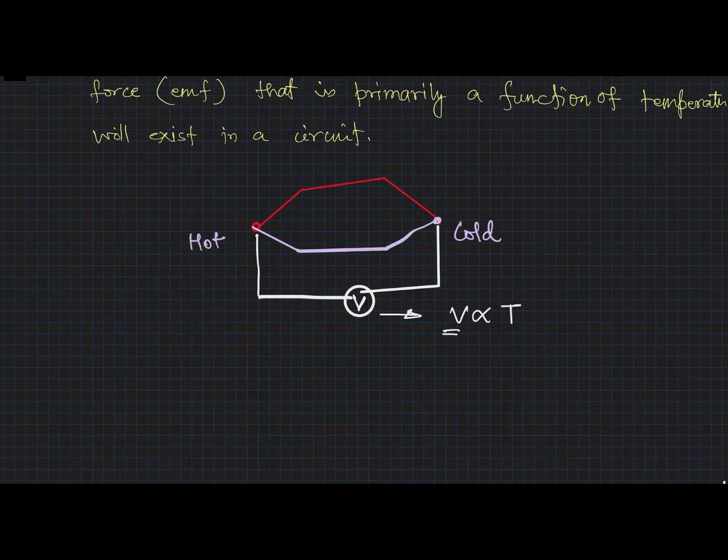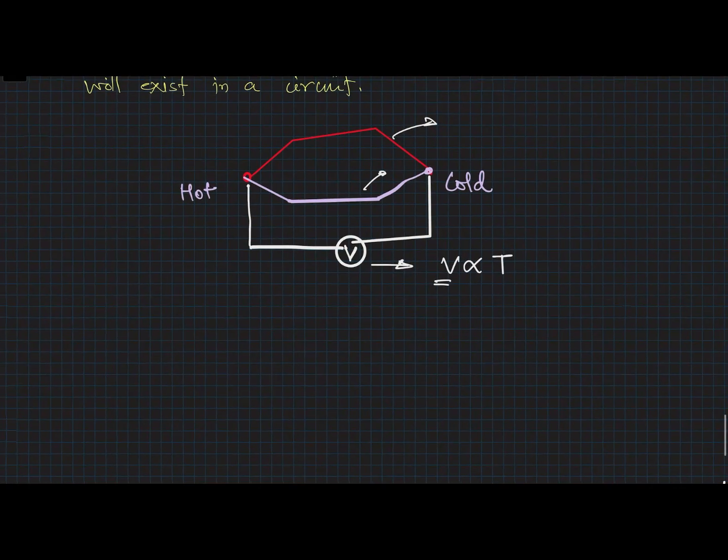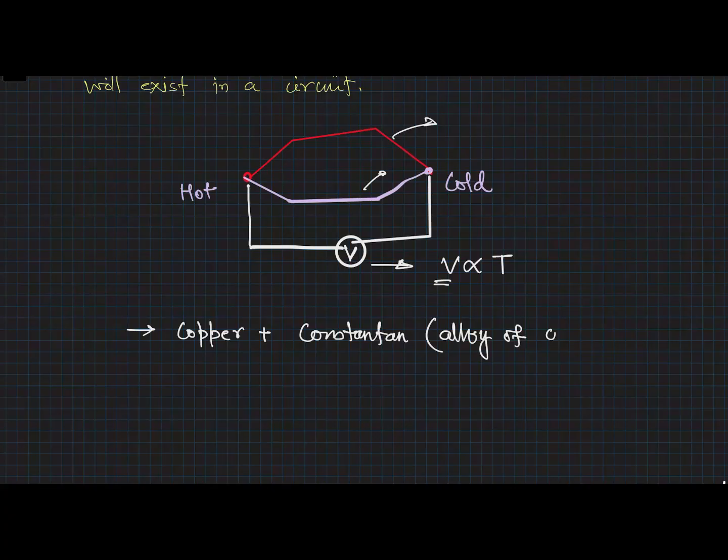And these two metals have certain combinations. For example, this can be copper plus an alloy of copper and nickel.